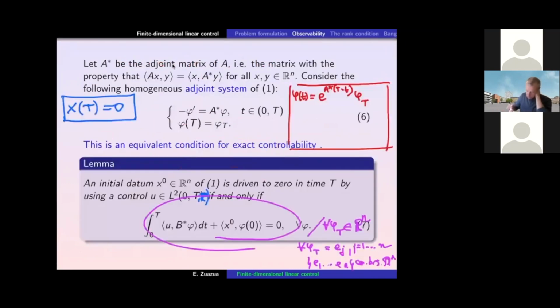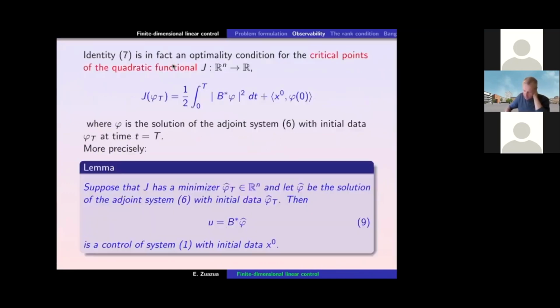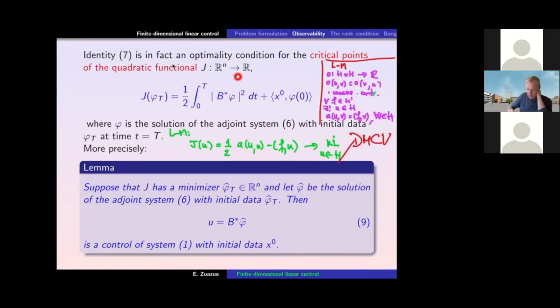My goal was to solve this equation. And when I look at this, I see some clear analogy with last milligram. Actually, my claim is that if I want to solve that equation, it is sufficient for me to minimize this functional.